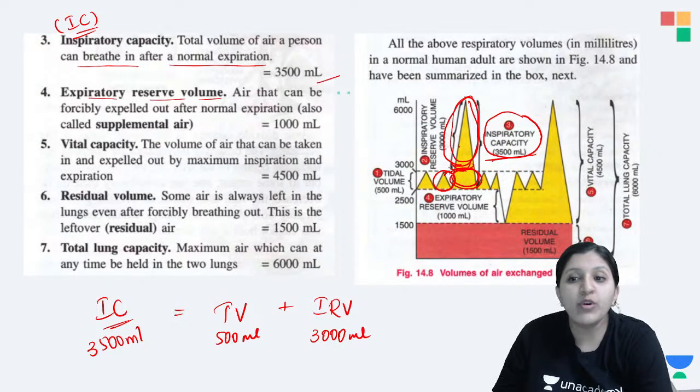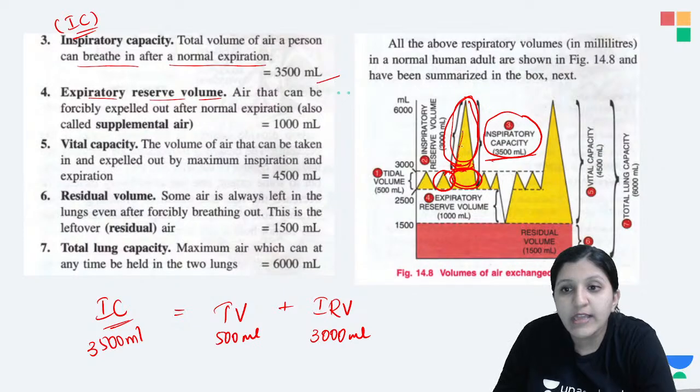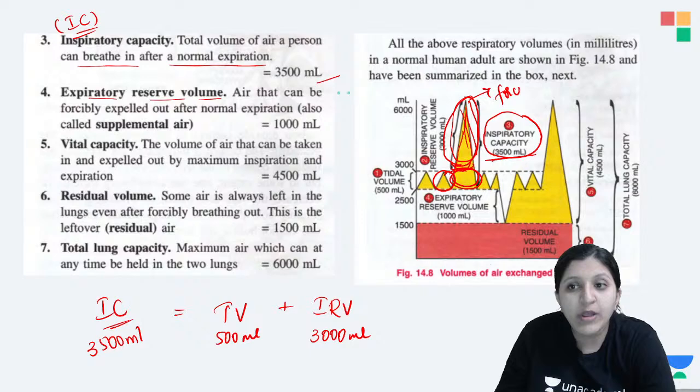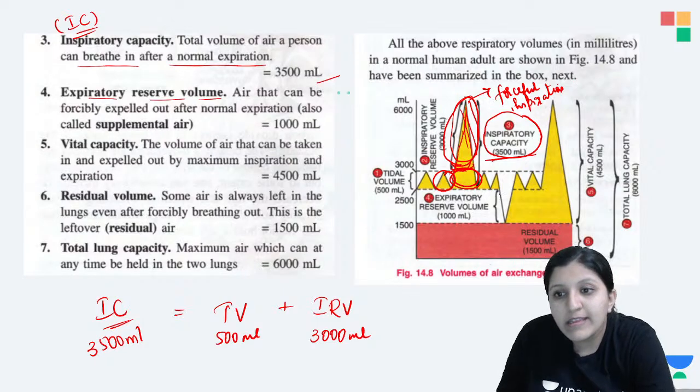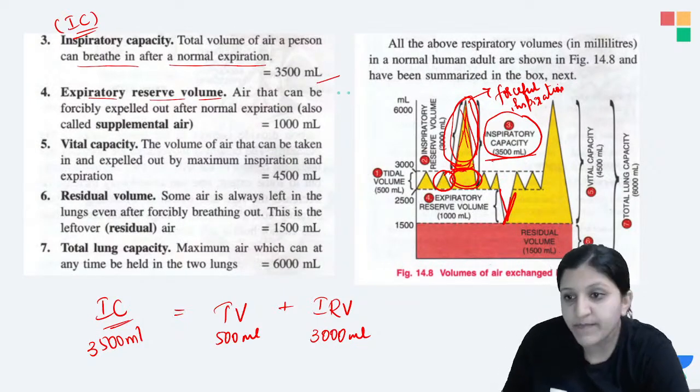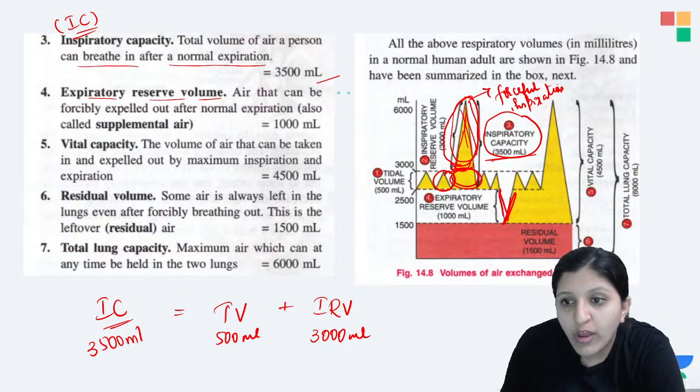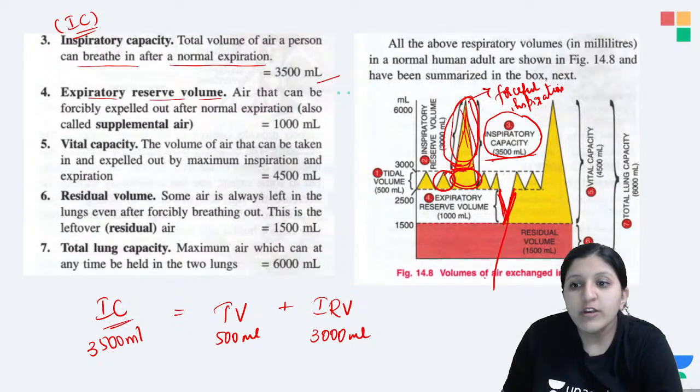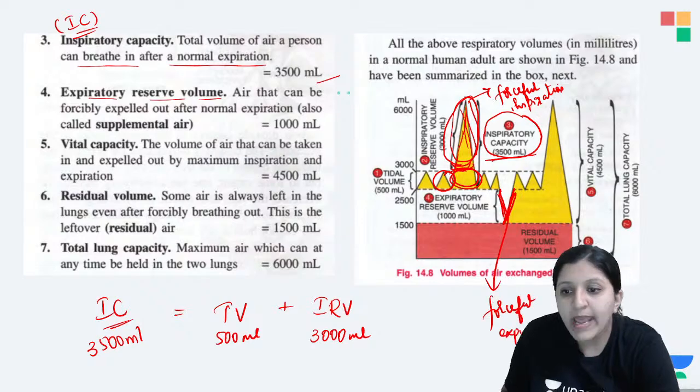So what you see here was actually the inspiration. This was not the normal one, but the forceful inspiration, and this peak you find here was for expiration. Now when you are forcefully exhaling, we can mention this as the forceful expiration or exhalation.